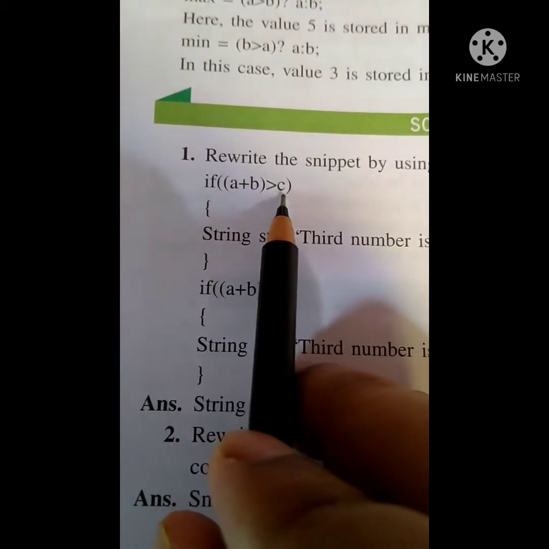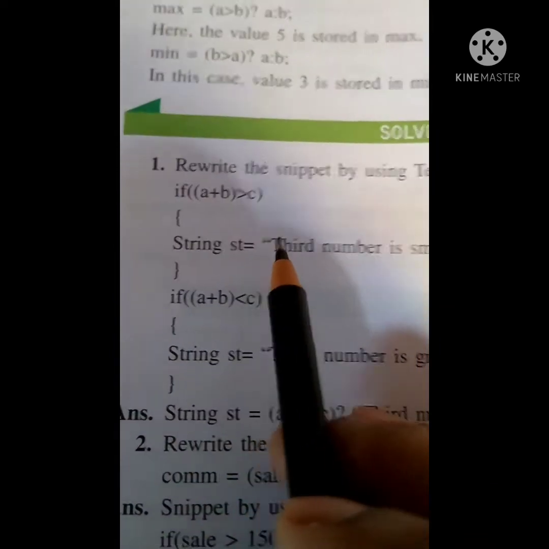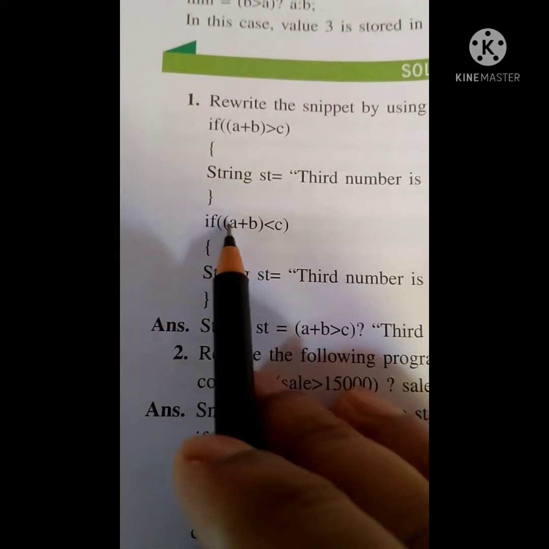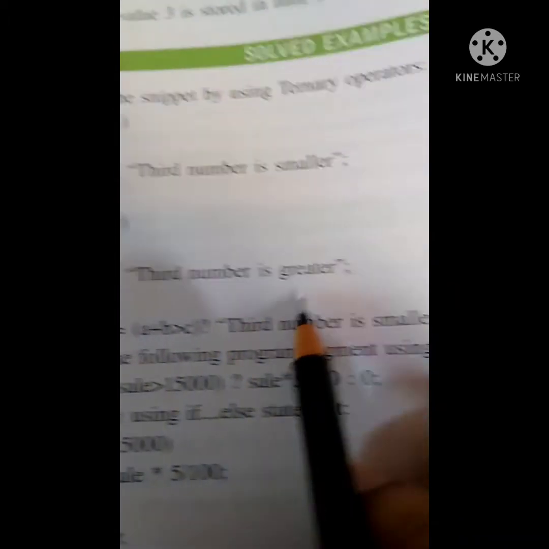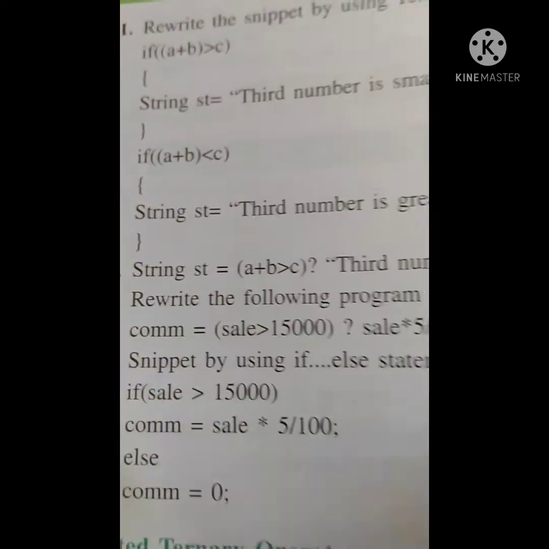So if a plus b is greater than c, then obviously c is the smallest number, and the third number is smaller. If a plus b is less than c, the third number is greater. This statement we have to convert into a ternary operator.